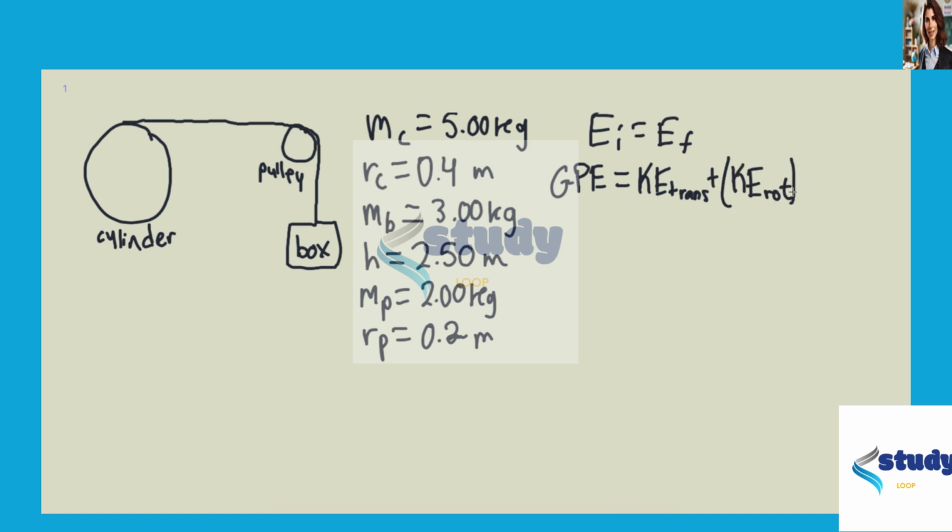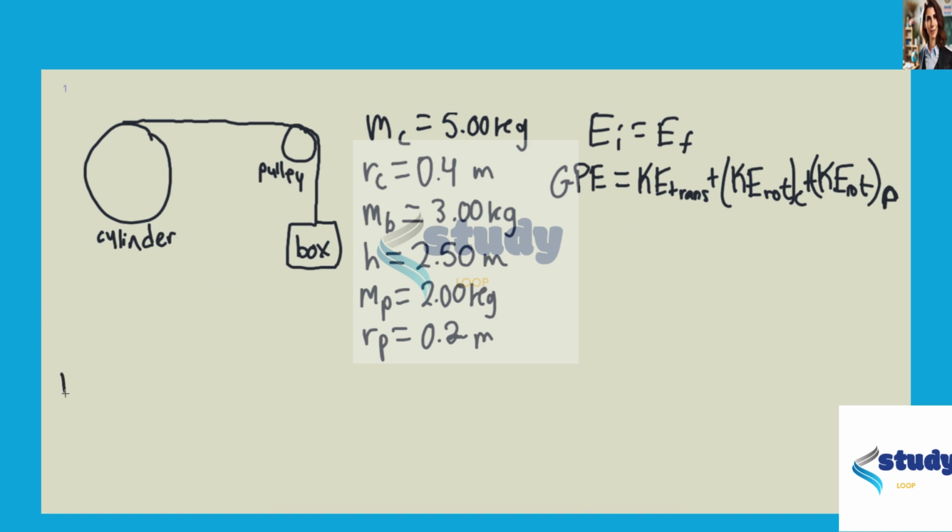This would be of the cylinder, and then kinetic energy rotational of the pulley. And at this point, we can then try to solve for this.